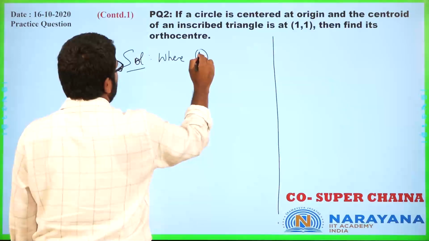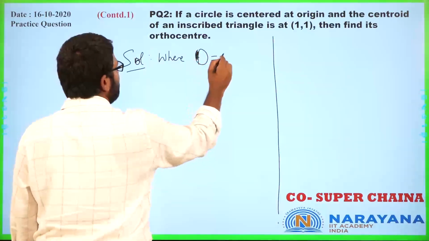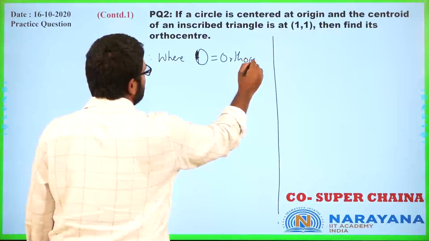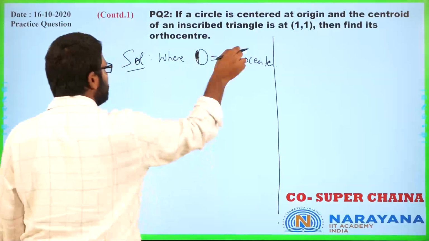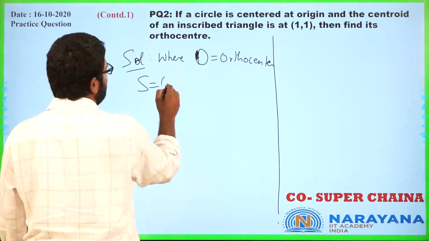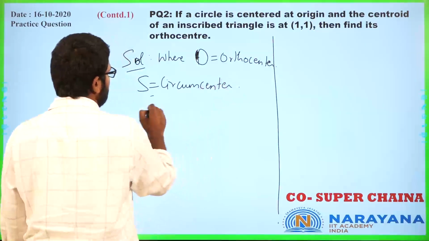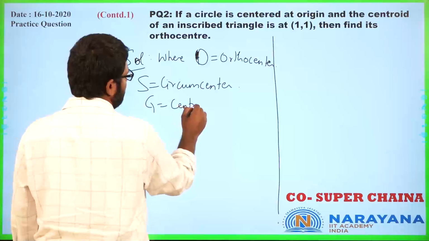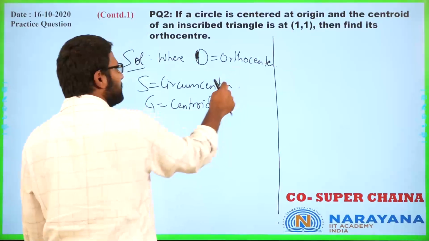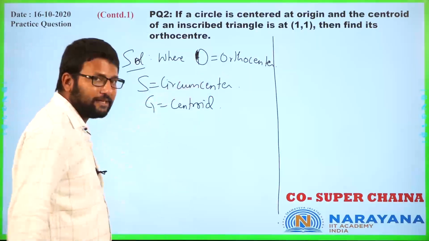Where O with this mark is the orthocenter, which you need to find out, S is the circumcenter, which we also don't know as yet, and G is the centroid. So to find this, first we should find the circumcenter.